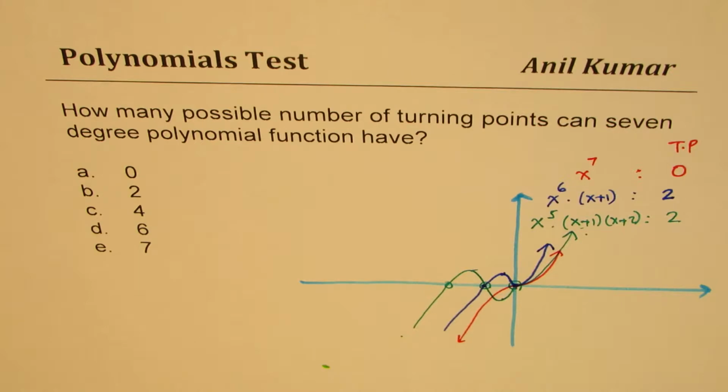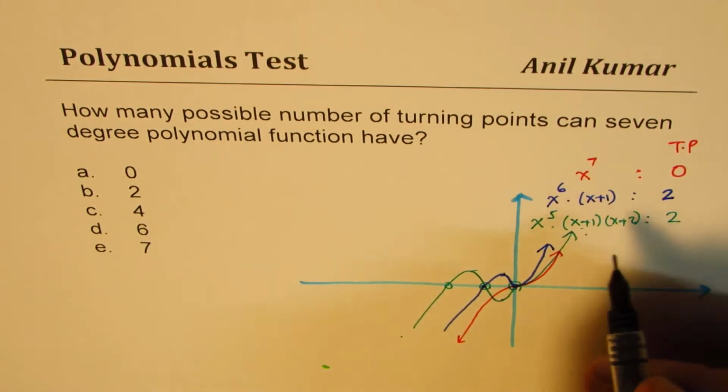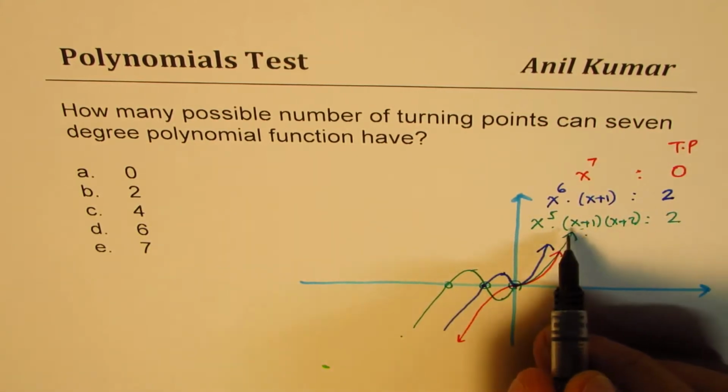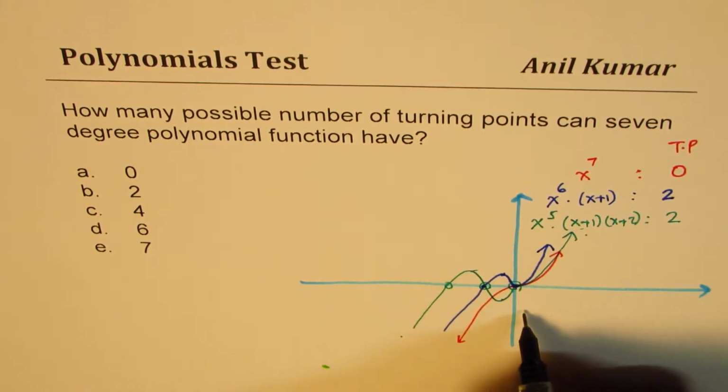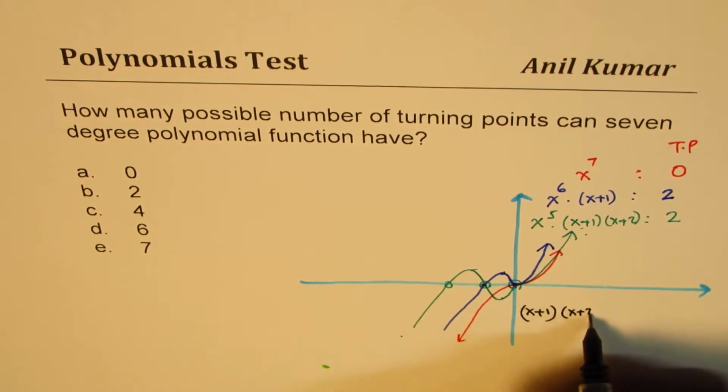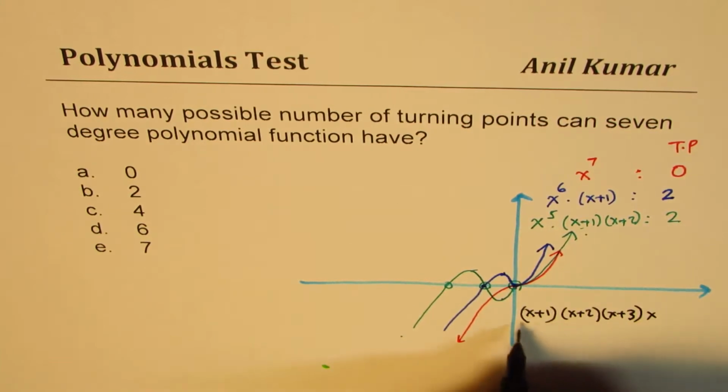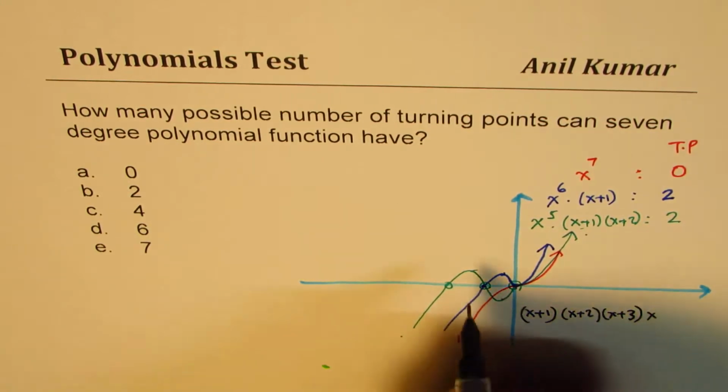Now to get more turning points, what we can do is add other factors which have only linear zeros. So let me write x plus 1, x plus 2, x plus 3, so these are at minus 1 to minus 3.